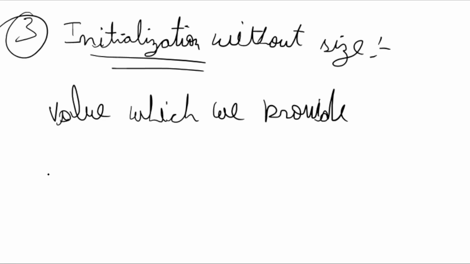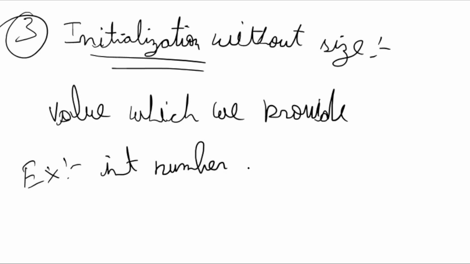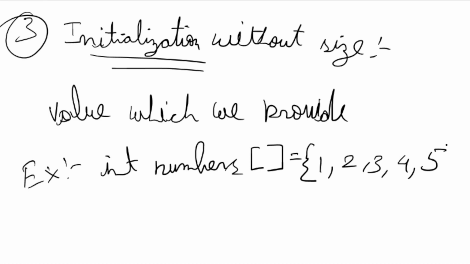Just think, I am taking an example like int data type, numbers as the variable name, and I'm not going to provide any size, but I will provide the list of values, which is 1, 2, 3, 4 and 5, and so on.